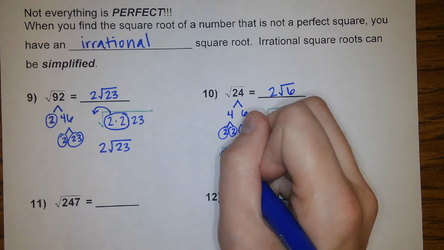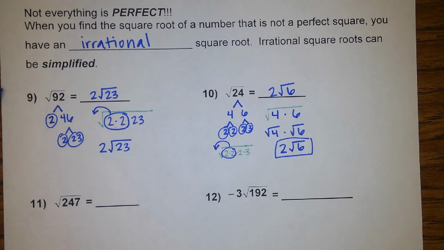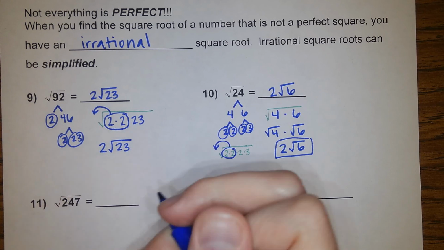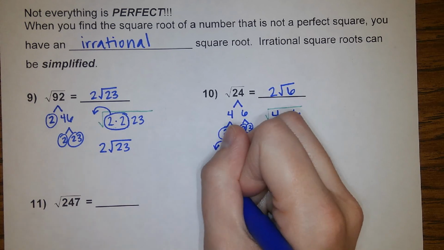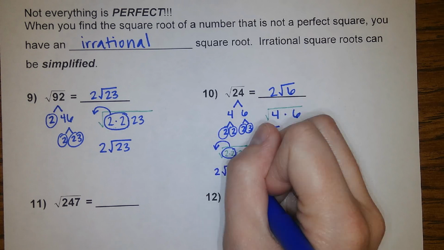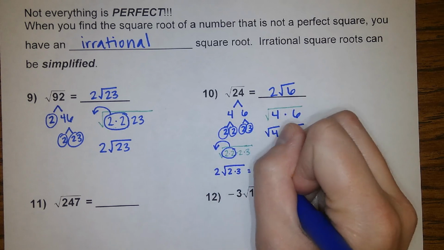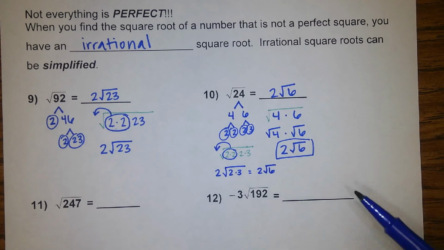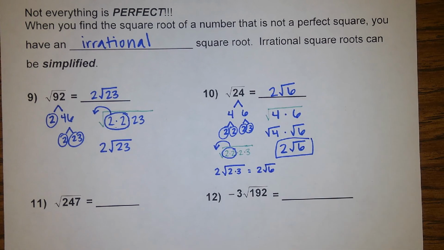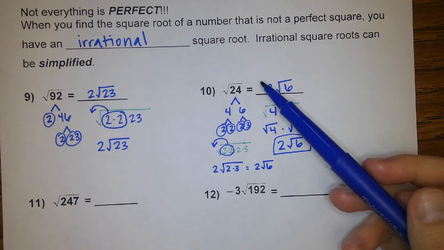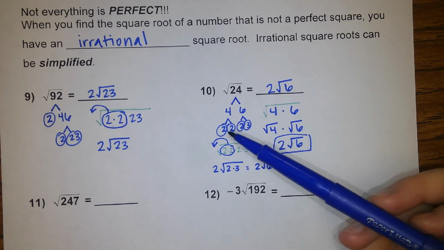We pull out our 2, so we would have 2 times the square root of 2 times 3, which is 2 square root of 6. So those are 2 different ways to do the same thing, all right? And some people would prefer to do it by the prime factors and always finding your pairs.